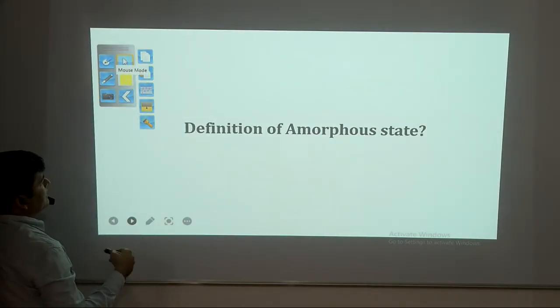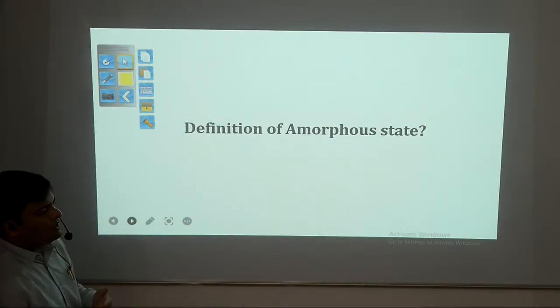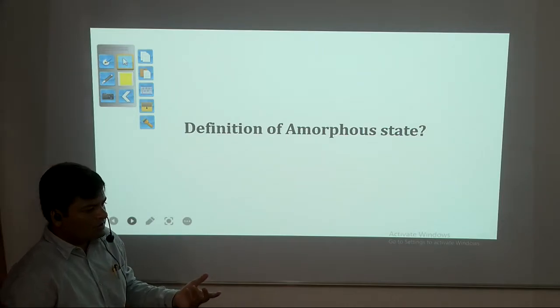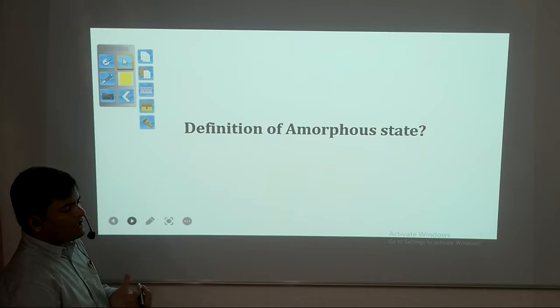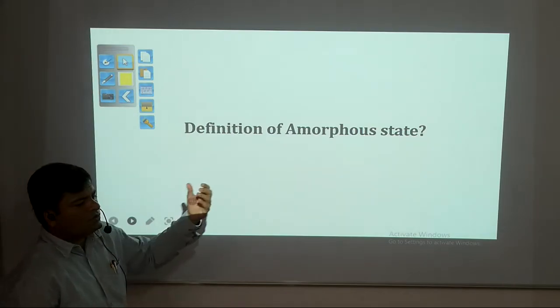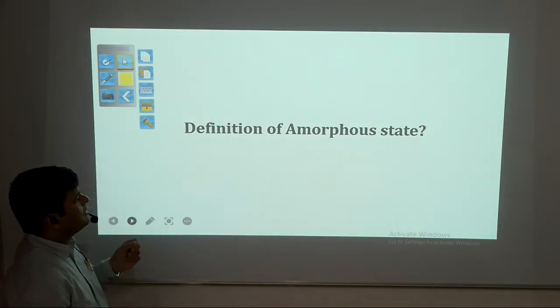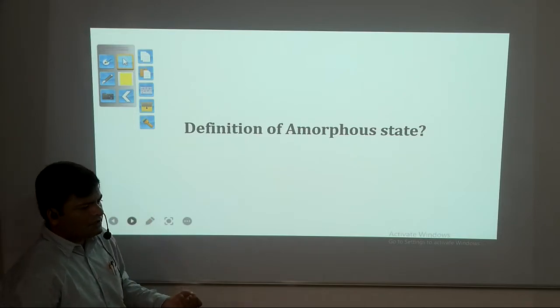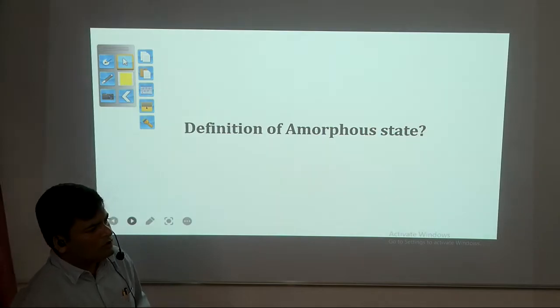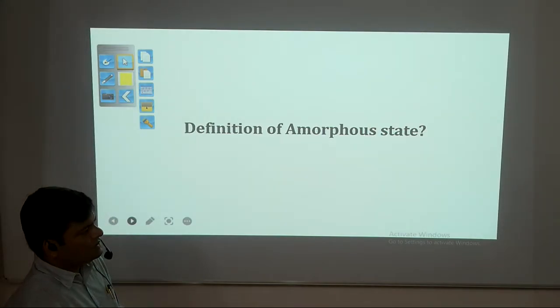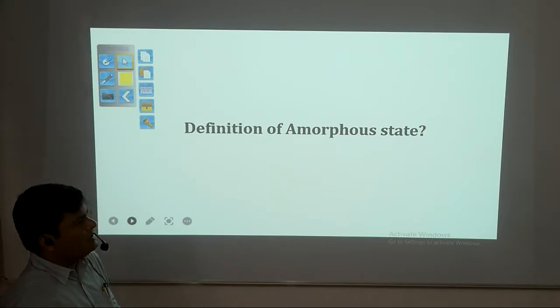Over here I want to remind you of the definition of the amorphous state, because we know in the crystalline and polycrystalline states generally a regular arrangement of the atoms is there, but the amorphous state is the state of matter in which the constituent atoms, ions, or molecules of the substance are irregularly arranged in three-dimensional space, or not arranged in a regular manner.